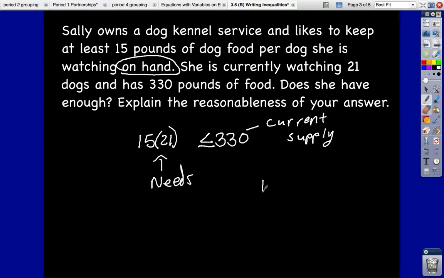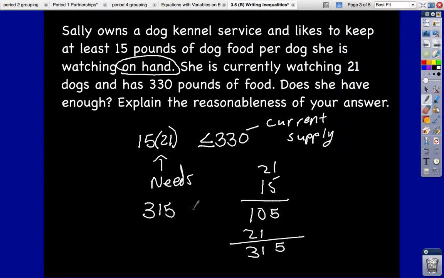So if we do 15 times 21, 5 times 1 is 5, 5 times 2 is 10... Okay, so we do this math here. We get 315. So that means she only needs 315 pounds of dog food, and she has 330, and 330 is greater than or equal to 315. Because of that, she does have enough.